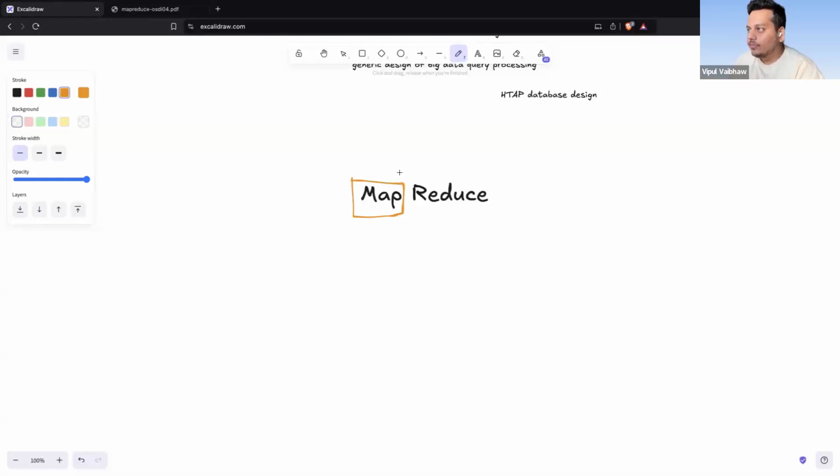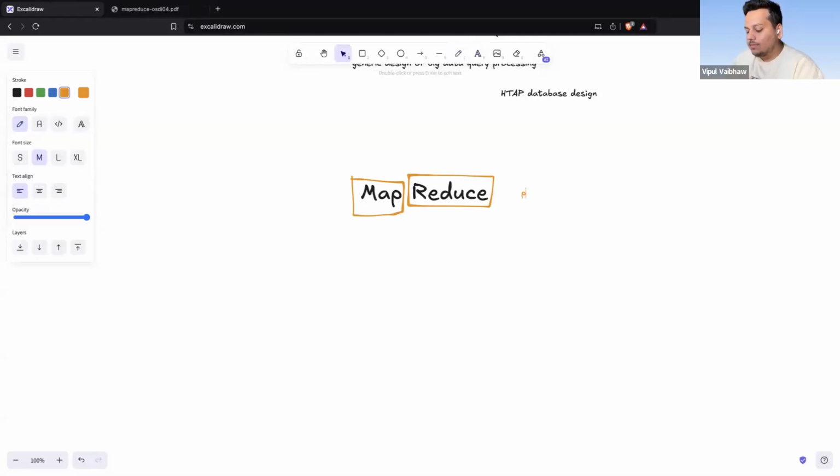Any guesses? Map and reduce. This is essentially a programming model. It is an important concept, programming model. There is a lot of work going on in the world today around programming models. Programming models is way different from design patterns. So programming model is not equal to design pattern.